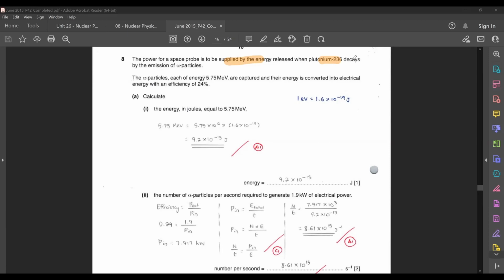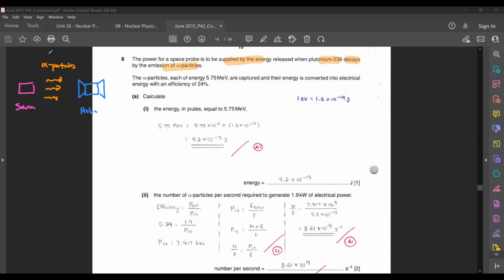Specifically, when the plutonium-236 decays by emitting alpha particles, the space probe captured the alpha particles and extracted energy out of it. So one way of looking at it could be in a way similar to this. Say, your source is emitting alpha particles like this. These are your alpha particles. And then your space probe is this thing here. This is your probe. Okay.